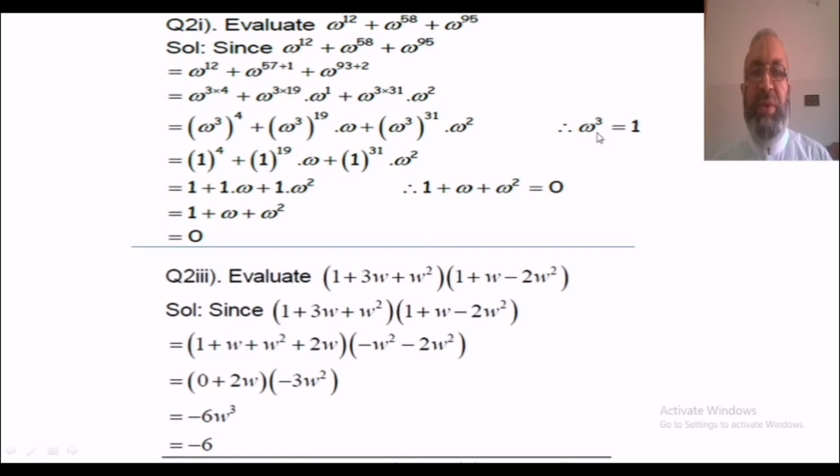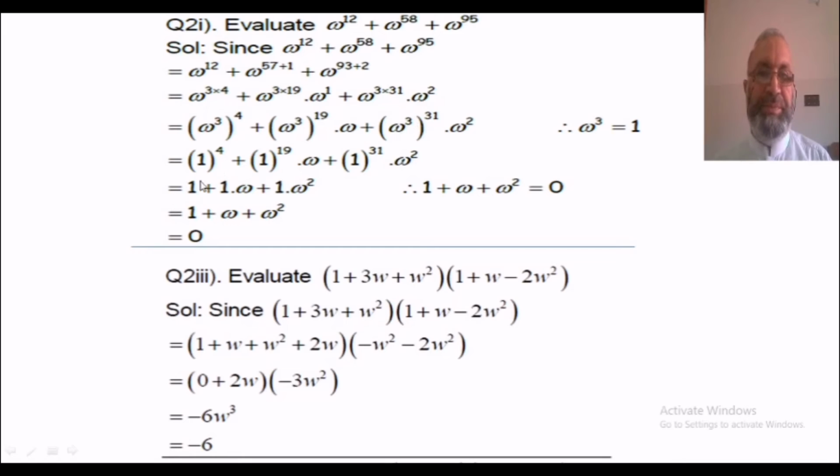Putting the value omega cube is equal to 1, that is equal to 1 power 4 plus 1 power 19 into omega, plus 1 power 31 into omega square.